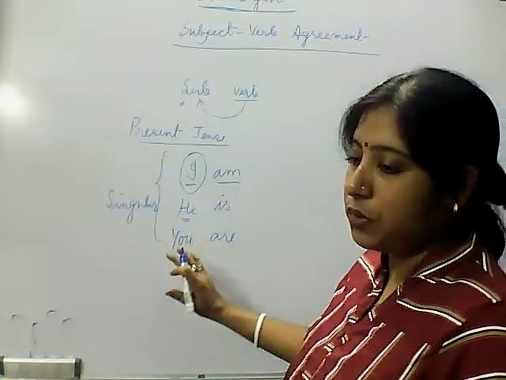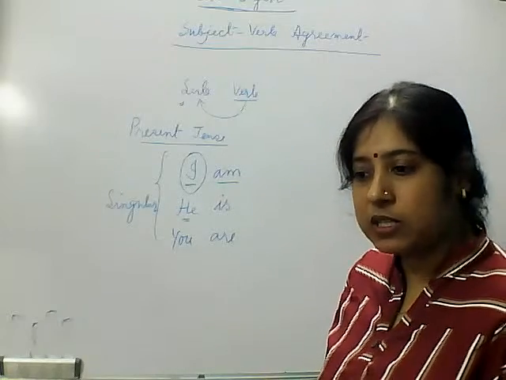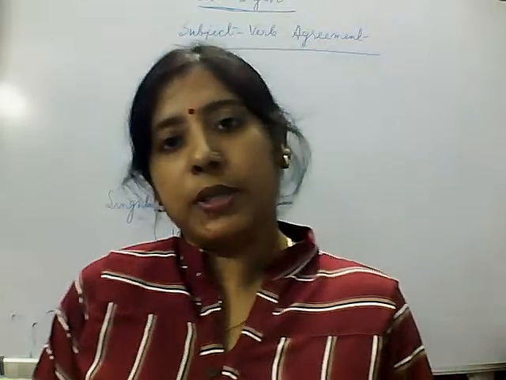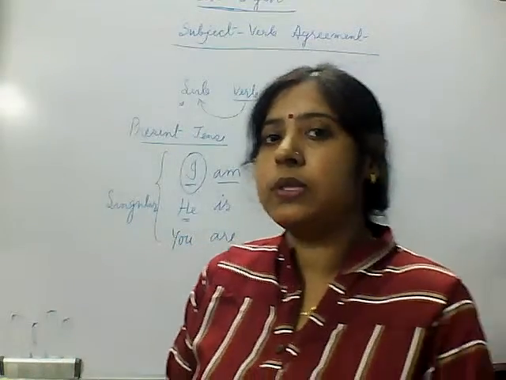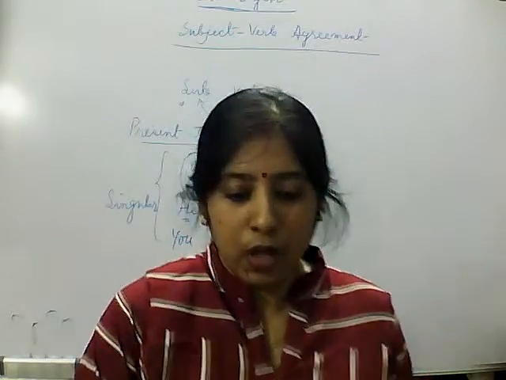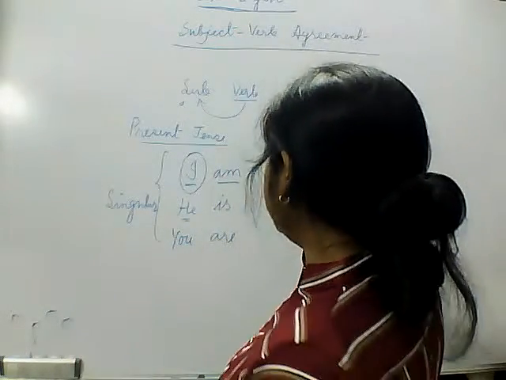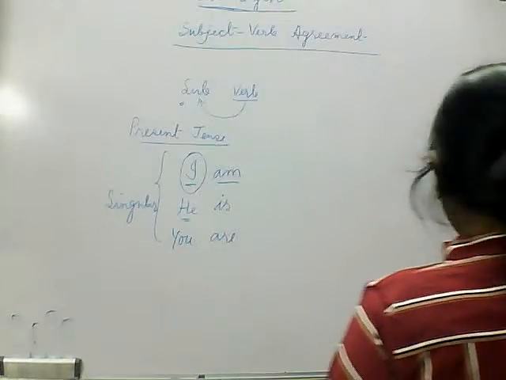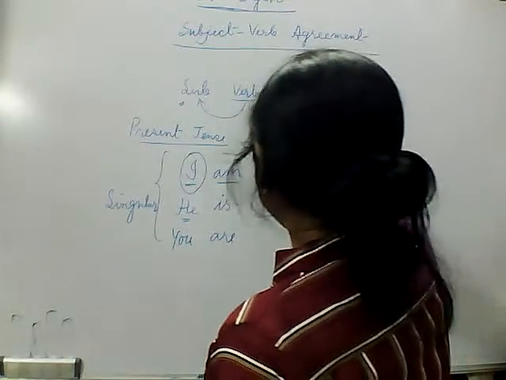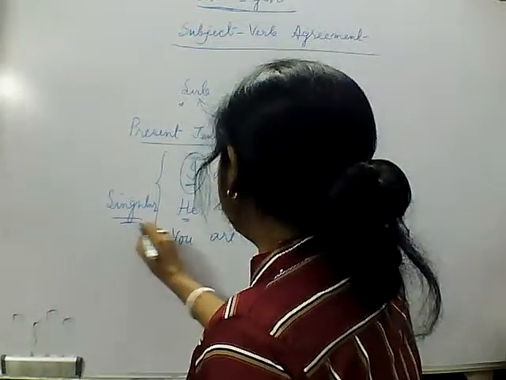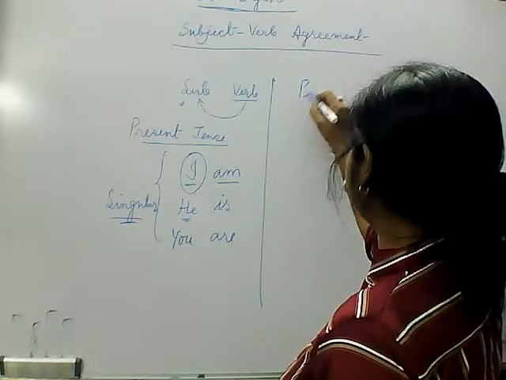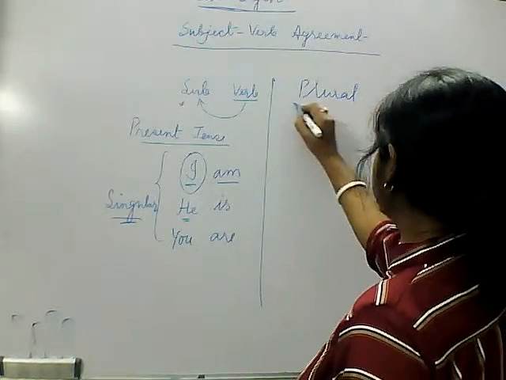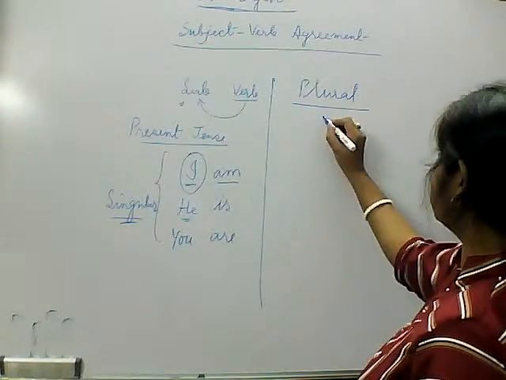Now, the first rule we have learned: if the subject is singular, then the verb will also be singular. Whatever verb we are going to use, it will be singular. Now we are talking about plural in present tense.